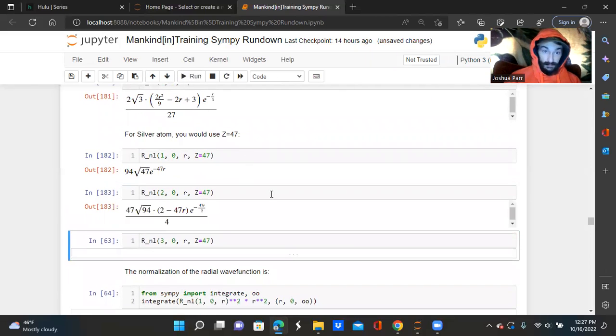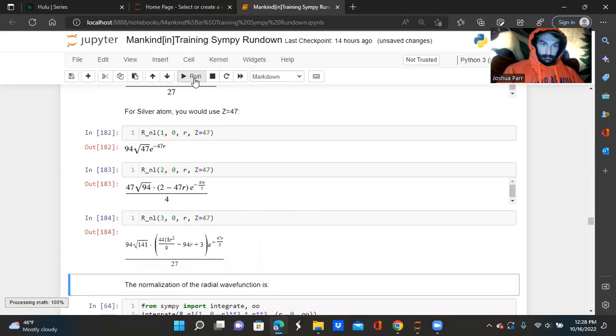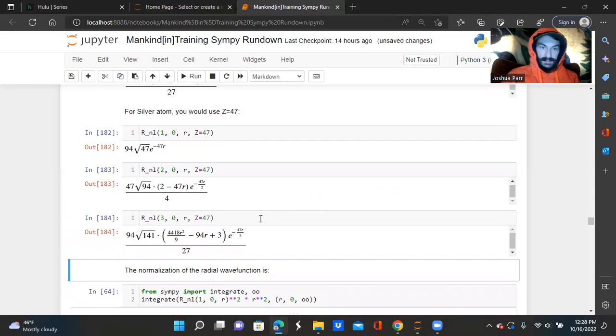Run that. 2, 0. It expands out to 47 times the square root of 94 times 2 minus 47r e to the negative 47r over 2 over 4. And as you can see, it keeps expanding out as we go further out.